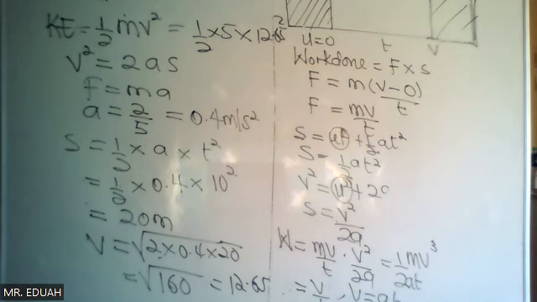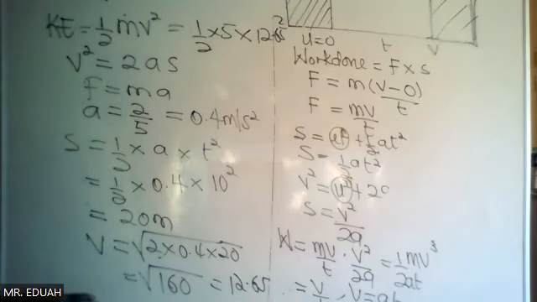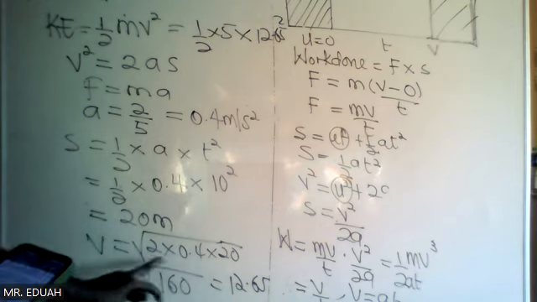That's not your calculation: half times the mass is 5, and the velocity is my concern. So let's check. Acceleration is 0.4, the distance is 20. So this is 40.